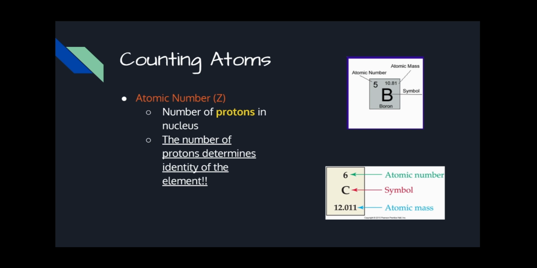Every atom of that element has the same number of protons. If you change the number of protons, you change the element. For example, carbon atoms have six protons, always and forever. As soon as you change that number of protons, you change the element.